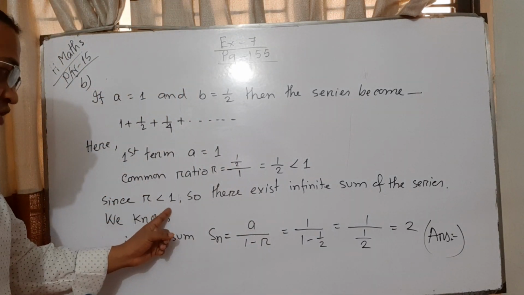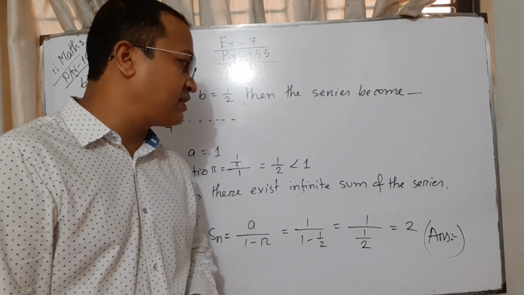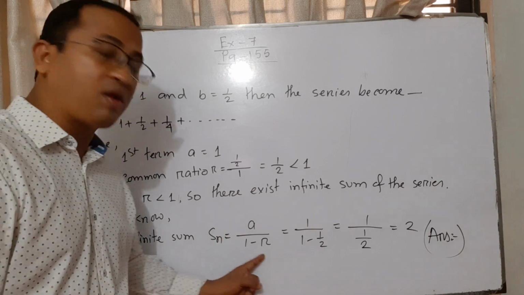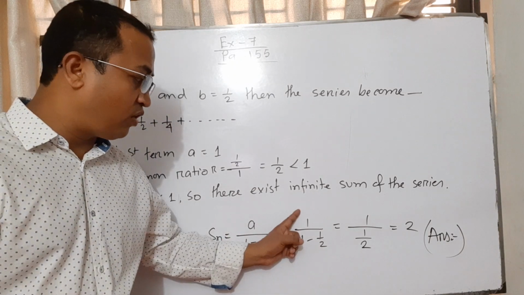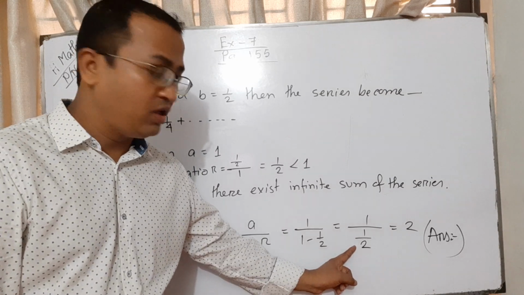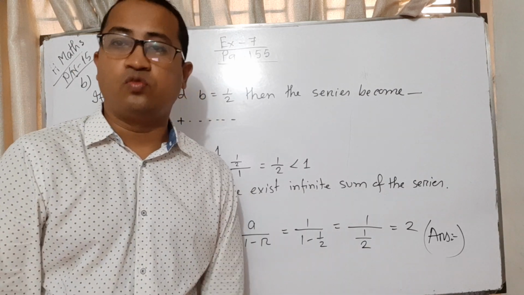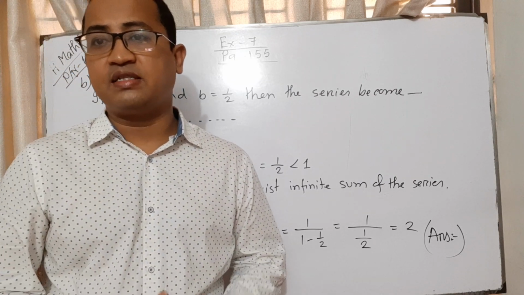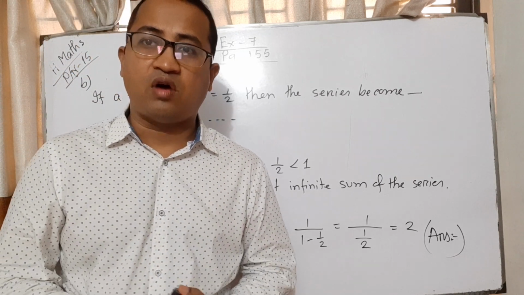Since r is less than 1, there exists an infinite sum of the series, and we know the infinite sum is a by 1 minus r. A is 1, r is half. So 1 minus half is half. 1 by half is 2. So 2 is the infinite sum of this series if a equals 1 and b equals half.